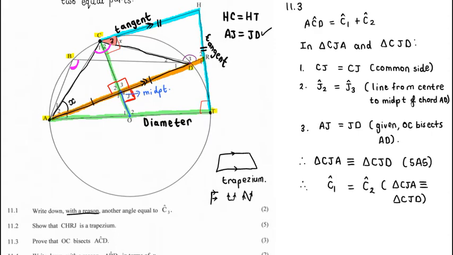So if angle C1 is equal to angle C2, and angle C1 and C2 make up this angle ACD, therefore I've proven that OC bisects ACD, because it makes angle C1 equal angle C2. Reasonable enough.